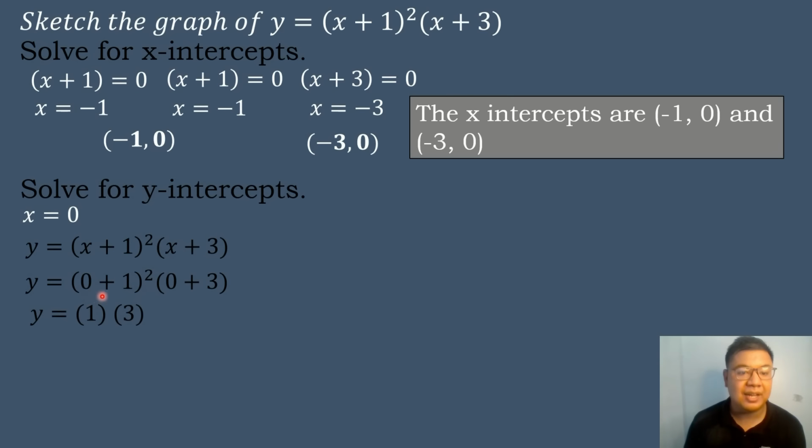And then simplify. 0 plus 1 is 1, 1 times 1 is 1. Then 0 plus 3 is equal to 3. So the value of y is equal to 1 times 3, which is equal to 3. So if x is equal to 0, the value of y will be equal to 3. So we have the y-intercept (0, 3).